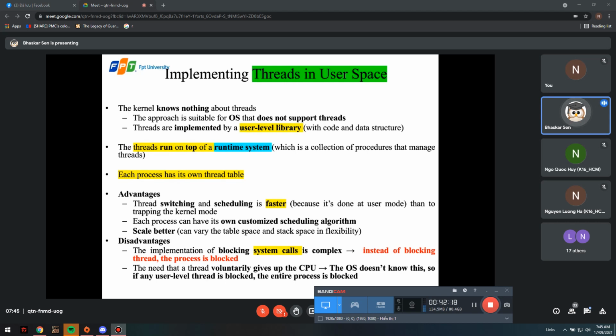So implementation from the user mode basically means that we don't share any information.